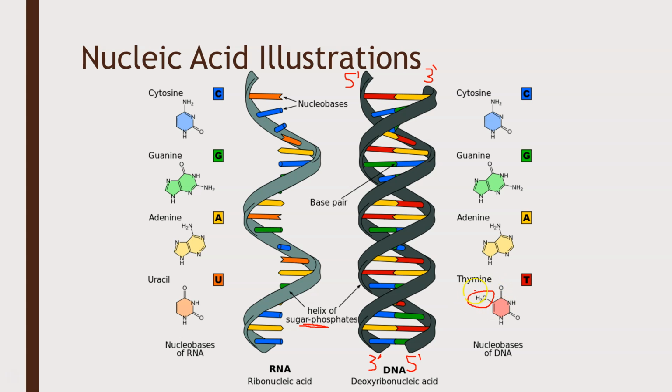We have a methyl group on thymine, but it's missing on uracil. Otherwise, they're both identical in every other way. That is why going from DNA to RNA, we can pair adenine with uracil, which we'll talk about in a second.